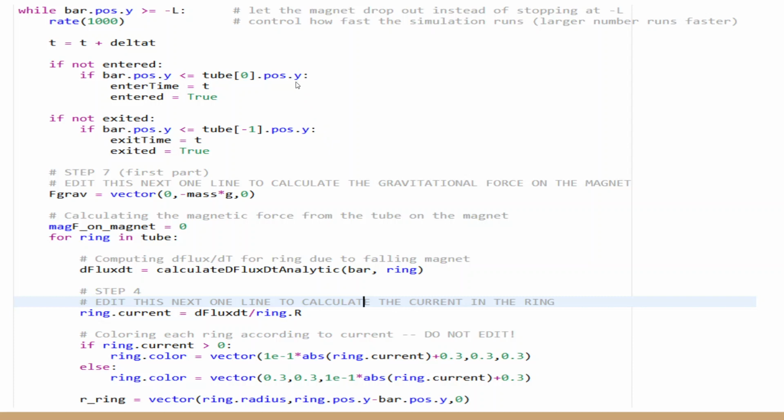The next step is checking whether the bar magnet is inside or outside the loop, and this is to calculate the gravitational force of the magnet. This is to calculate the magnetic force from the tube, and we use the flux.